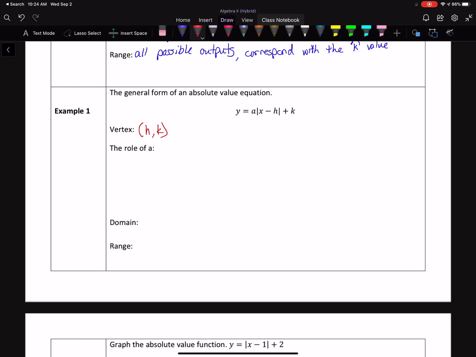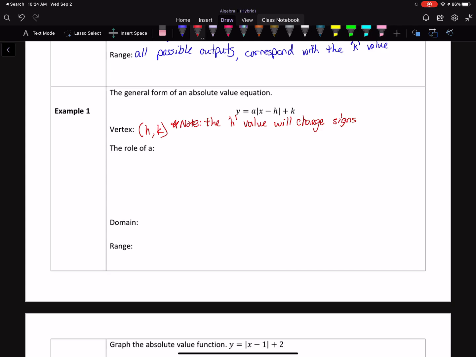Now, I would suggest writing yourself a note here. I'm just going to put a little star: note, the h value will change signs. We'll talk about that with an actual example here.